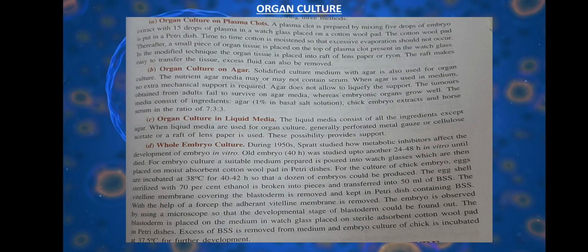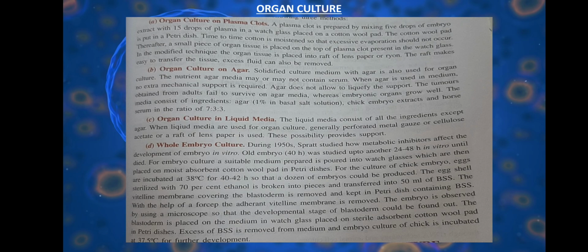Third one, liquid media, which consist of all the ingredients except agar. When liquid media are used, generally perforated metal gauze or cellulose acetate or a raft of lens paper is used. This provides support for the culture of the organ. Next, what comes under organ culture is whole embryo culture.